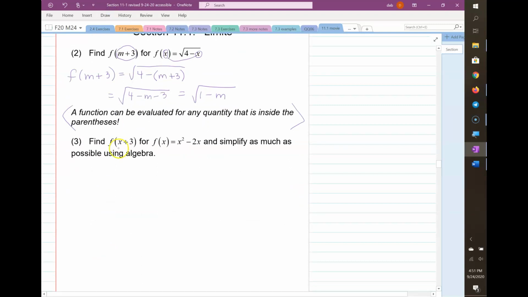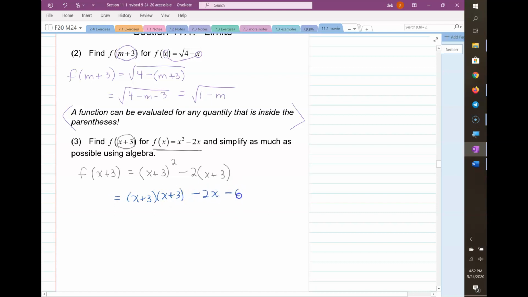So here I want you to find f of x plus 3 when this is the recipe for f of x. Some people find it helpful to do a technique like this where they say, let me put empty parentheses everywhere I see an x. And then I'll put the x plus 3 filled in to each set of empty parentheses. And for some people that's a helpful tool. Not required. Okay, so then we recall that x plus 3 quantity squared means x plus 3 times x plus 3.